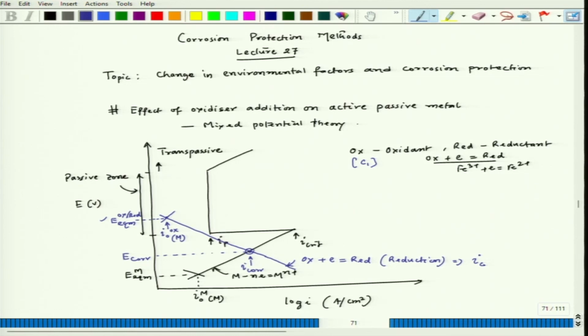At this location I have a situation where IA equals IC, or the net reduction process rate is equal to the net oxidation process rate. So, in the beginning these two potentials will be at these two equilibrium locations. Now, the system will try to drag the potential to the mixed potential, and this is basically nothing but the mixed potential.